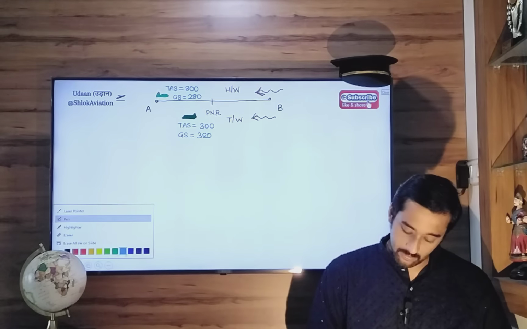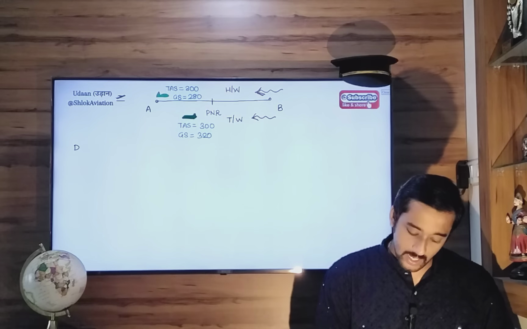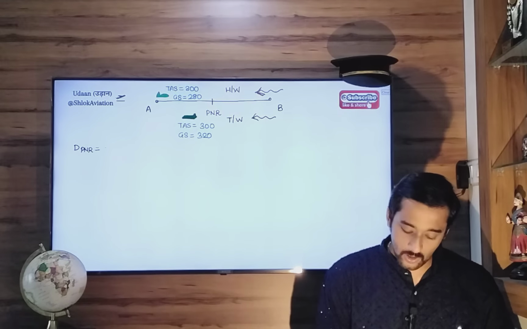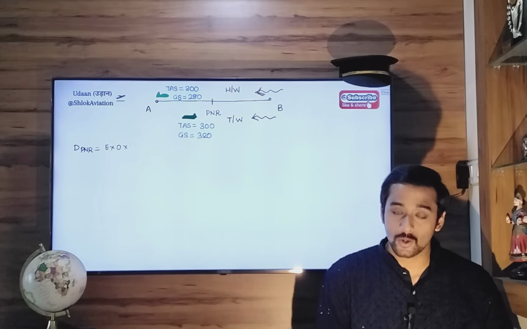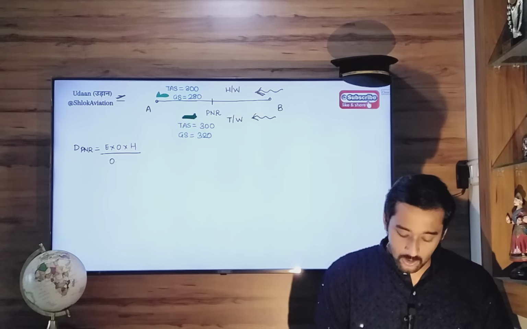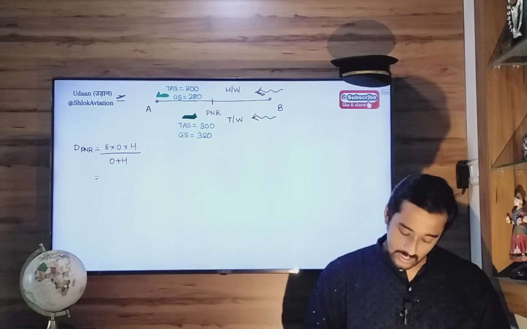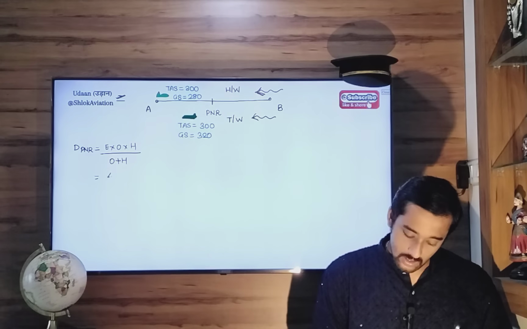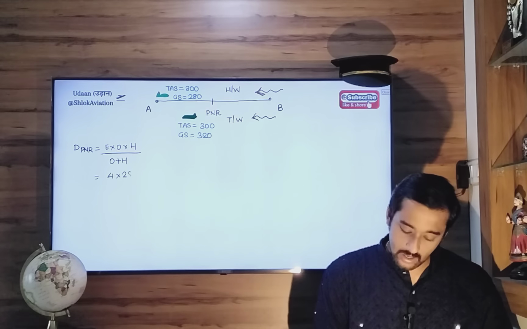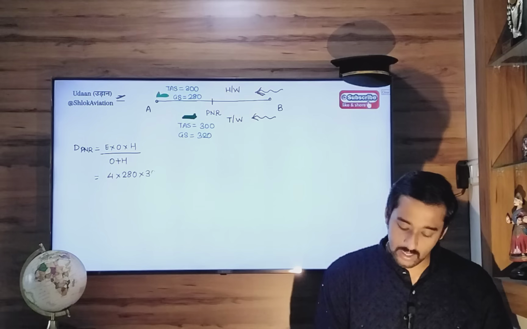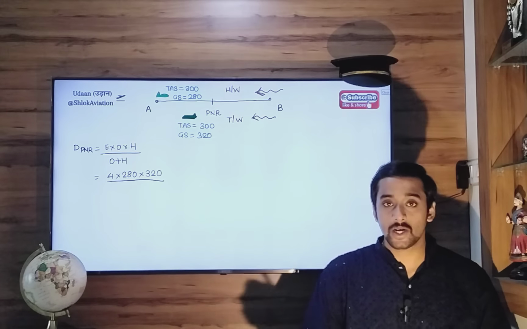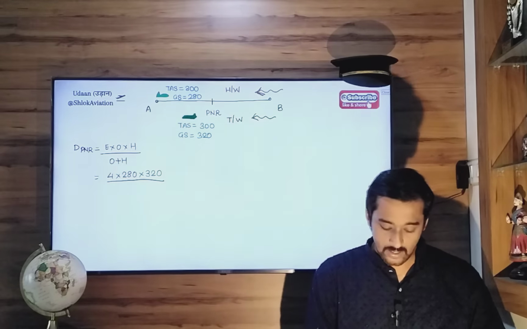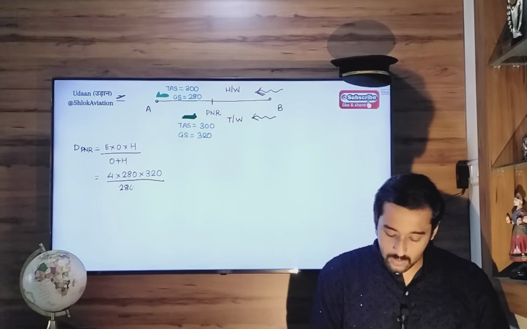Now let's employ the formula for distance to PNR, which is endurance into outbound speed into homebound speed divided by outbound plus homebound. Endurance is 4 hours, outbound speed is 280, homebound speed is 320. So here the speeds that we are talking about are ground speeds, divided by 280 plus 320.